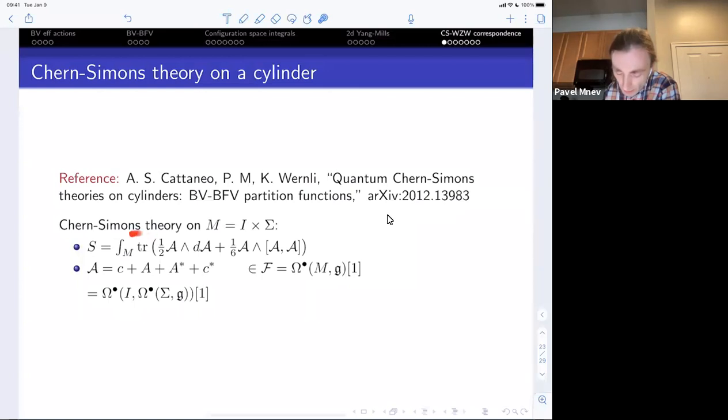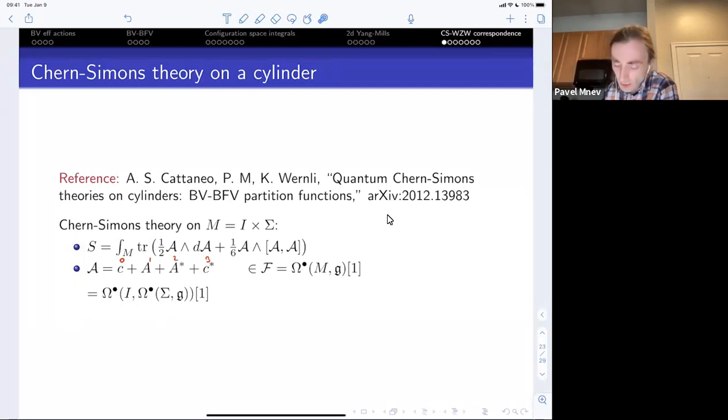So let's look at non-abelian Chern-Simons theory. In BV formalism, the field here is a non-homogeneous differential form with components in the de Rham degrees 0, 1, 2, and 3, being the ghost, the connection, the anti-connection, and the anti-ghost. And I want to think of the space of fields specifically for a cylinder as forms on an interval with values in forms on a surface.